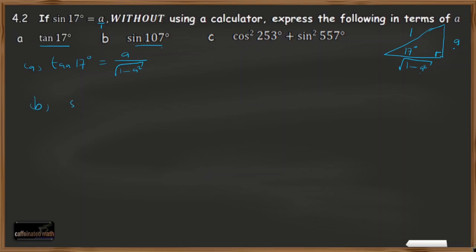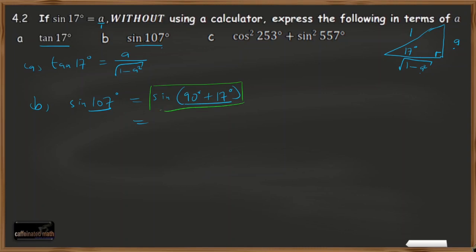If we look at b, well, sine of 107 degrees looks strange. However, sine of 90 plus 17 degrees doesn't change the value of 107, just breaks it up. But this is now a bit more useful because it's a cofunction.